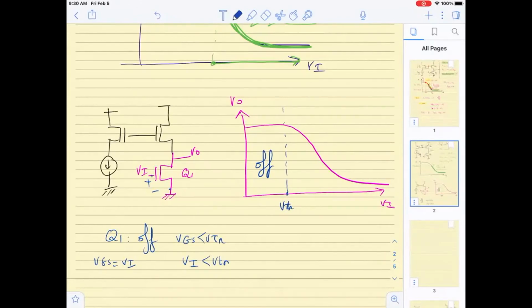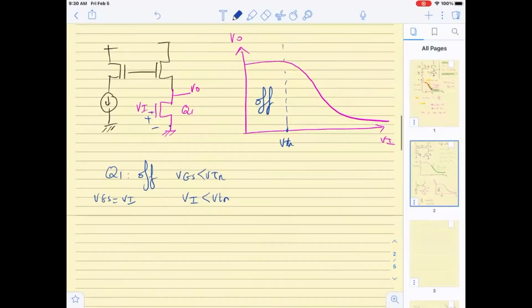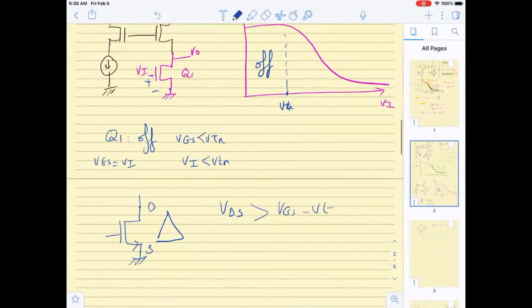Okay? Now, what we know as a rule of thumb for any transistor, if this is its drain and source, if this is an NMOS, when VDS is greater than VGS minus VT, as a rule of thumb, if this is large and this is small, then I will operate in what region?